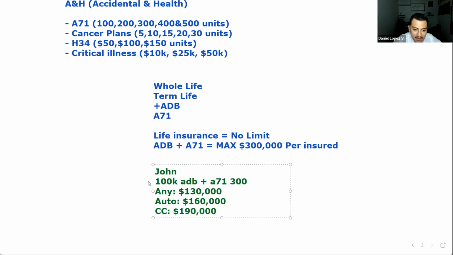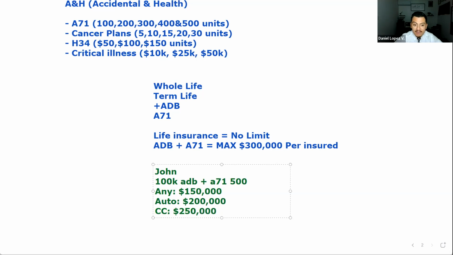Okay, that's because I combine both ADB with A71. But we have to follow this rule: if you combine ADB with A71, you cannot exceed 300,000 per insured. Now, what's the highest payout here? 190. Is that over 300,000? No, it's not. So you're good there. But the moment I do a 500 unit, with the 100,000 of ADB, this becomes 150, this becomes 200, this becomes 250.